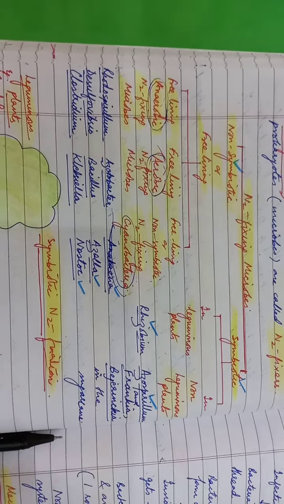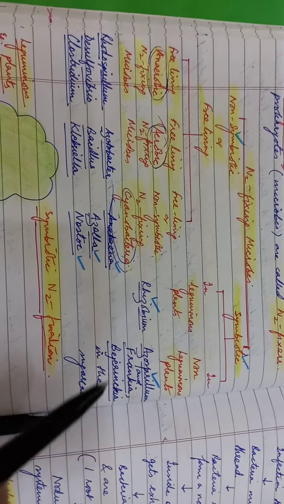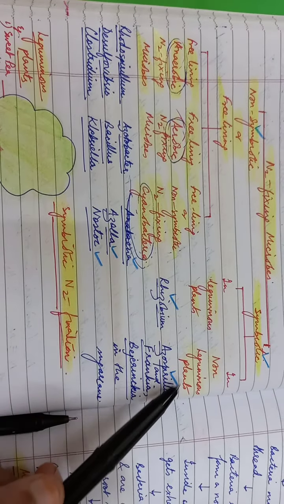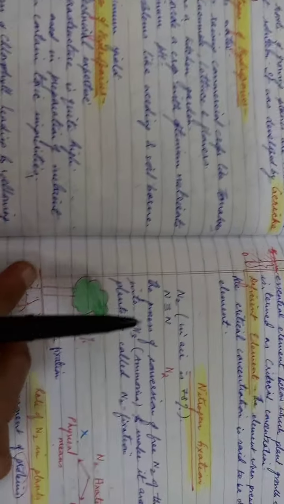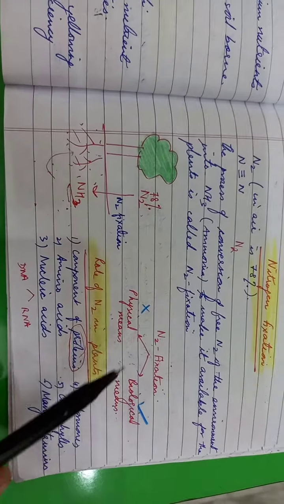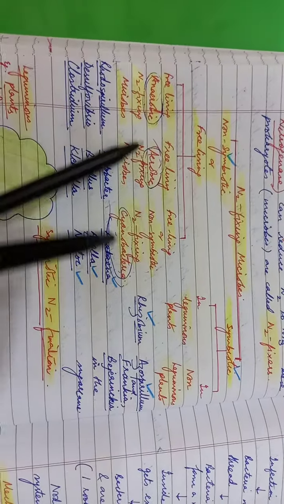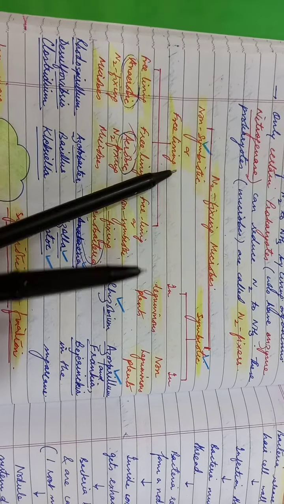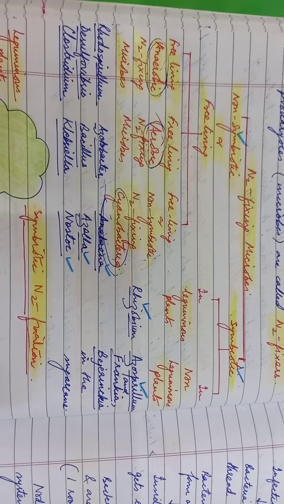Now, according to the current syllabus, children, what you have to study is only the blue ticked terms that are there, right? As I told you here, the physical fixation of nitrogen, that's the physical method, is not in your course, only biological. And under biological fixation, so many examples are given under non-symbiotic and symbiotic. But under non-symbiotic, what all do you have to study?